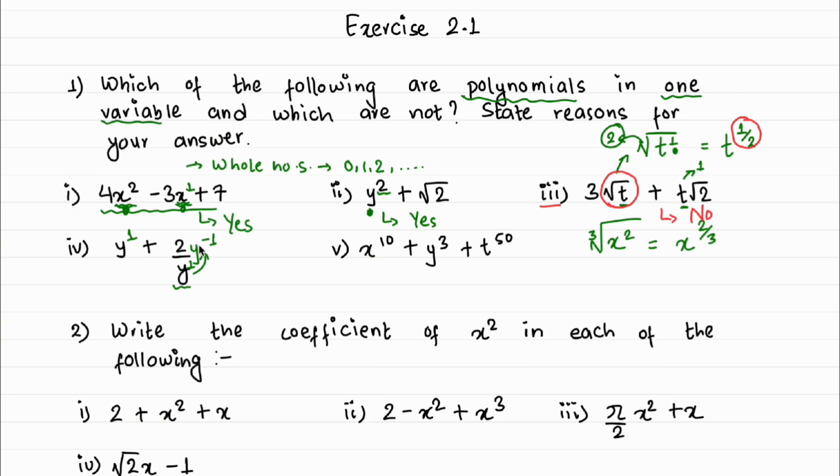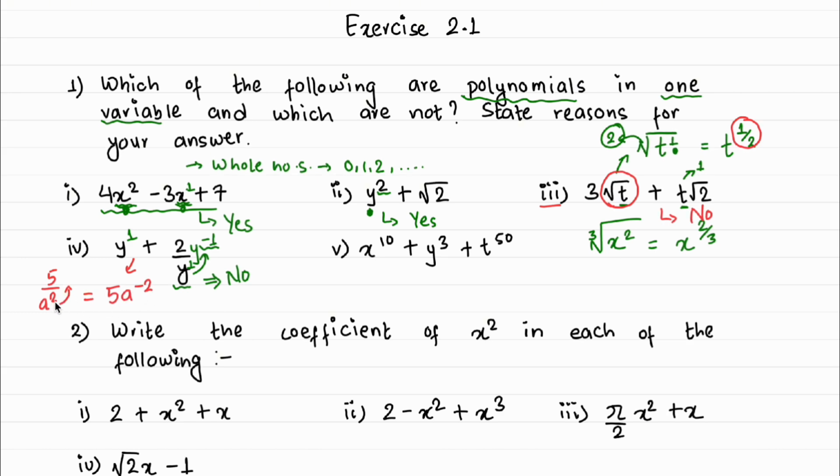And so again, this is not a whole number. Negative 1 is not a whole number. And so this is also not a polynomial. So what's happening here is, again, if you have something like 5 over a square, then when you move this a square to the numerator, what you are going to get is 5a to the power minus 2.